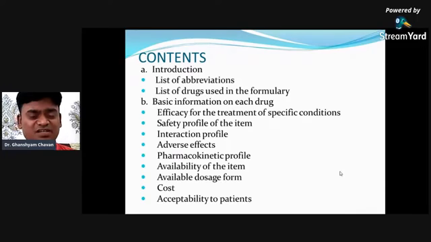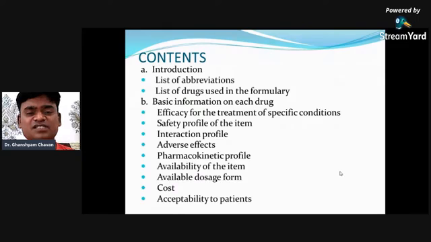For example, if any person is having acidity, your drug must counterbalance that acid. Your drug must neutralize the acidity. So the antacids which are available in the market by trade names like Gelusil or Digene are drugs which decrease your acidity.